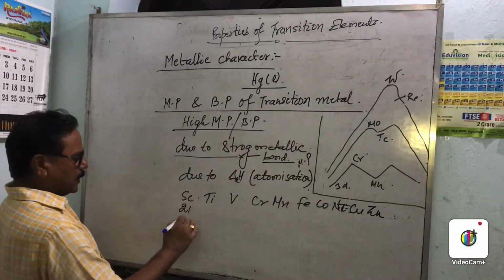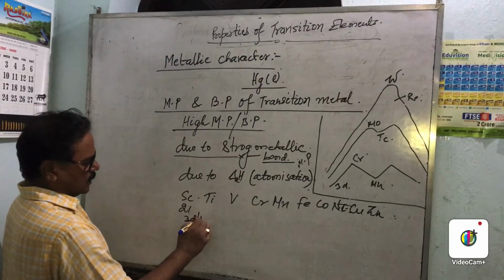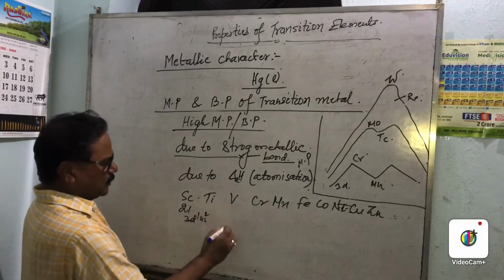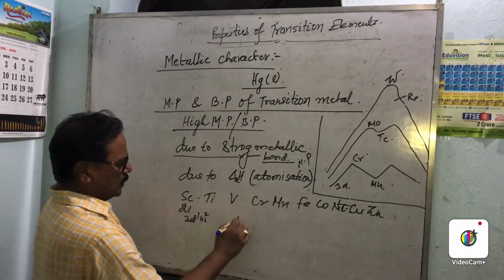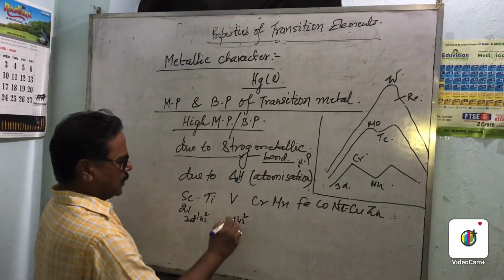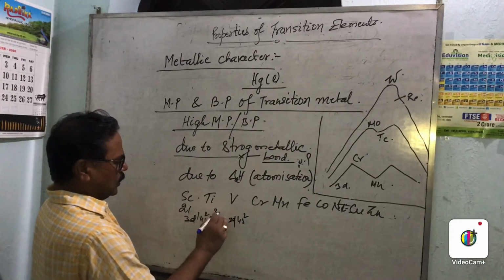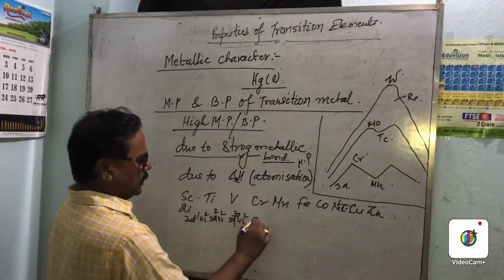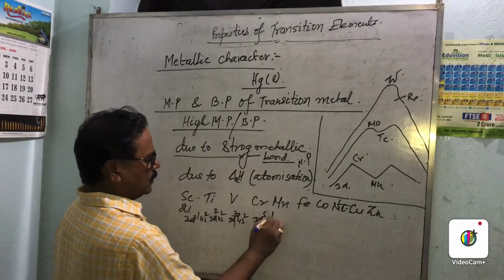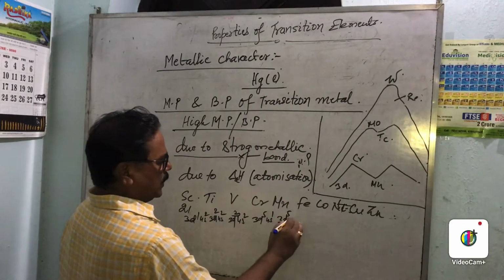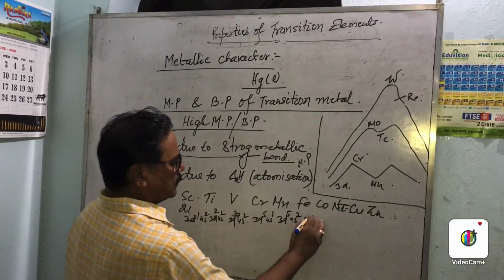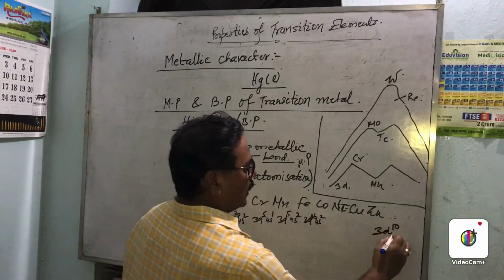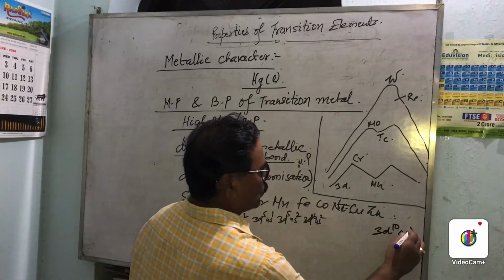Here the unpaired electron configuration is 3d1 4s2, and similarly for the others: 3d2 4s2, 3d3, 3d5 4s1, 3d5 4s2, 3d6 4s2, and here is 3d10 4s2.